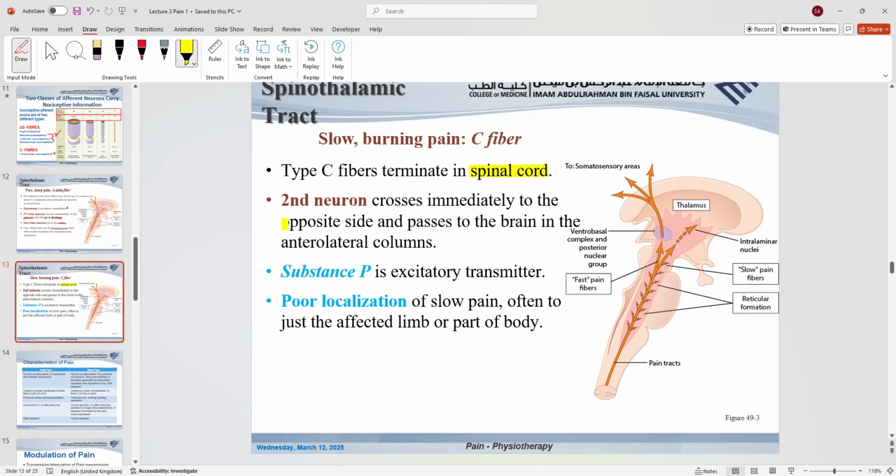Now, the neurotransmitter here is mostly substance P. So in the slow pathway, substance P, and here the ability to localize the pain is not very good. So, poor localization.